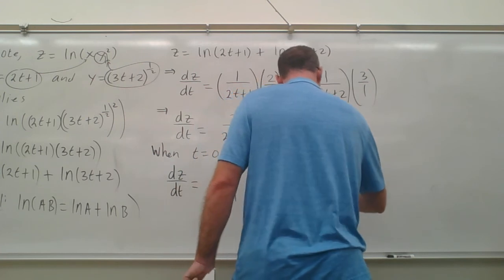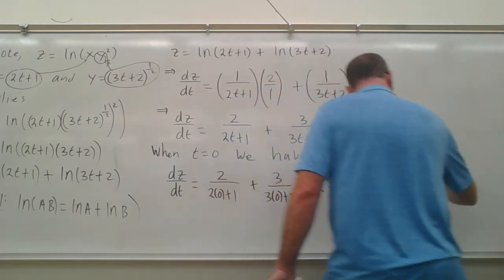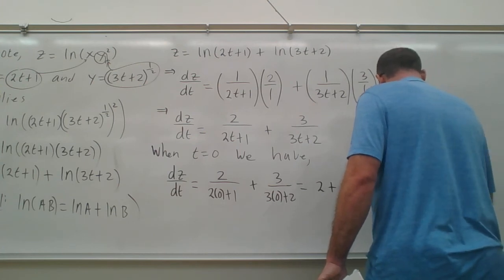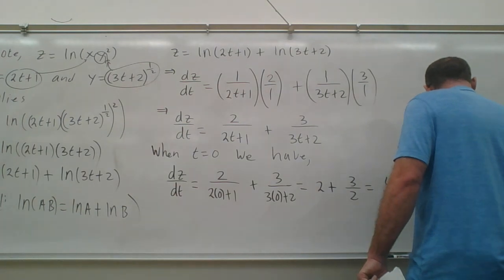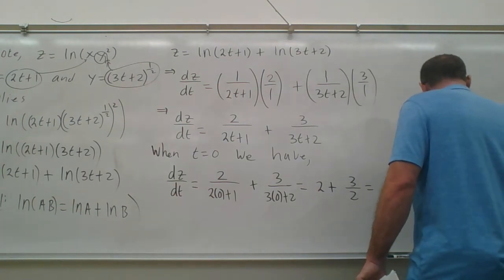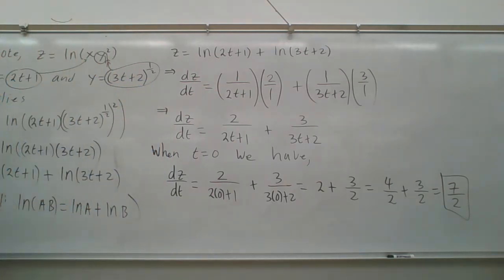So we have 2 plus 3 halves. Again, write the 2 as 4 over 2 plus 3 halves. So 7 halves, which is the same as the answer for method 1, as it should be. So we're done.